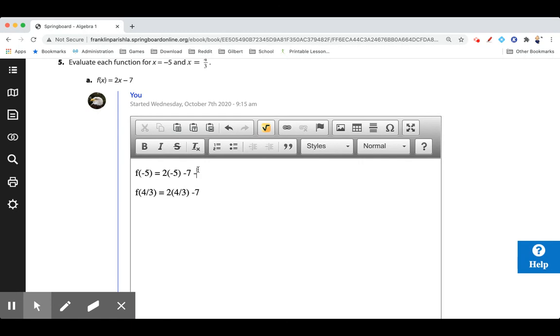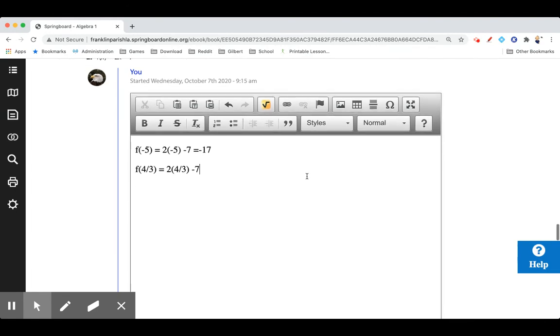All right. 2 times negative 5 is negative 10, minus 7 is negative 17. 2 times 4/3 is 8/3, minus 7. 8/3 minus 7. Well, 7 is 21/3.